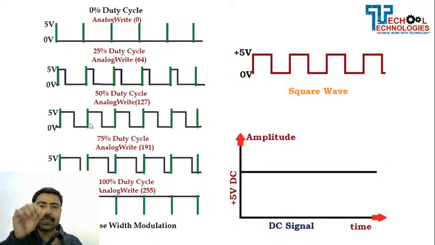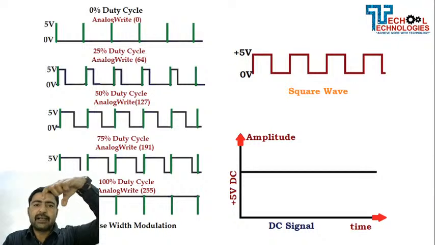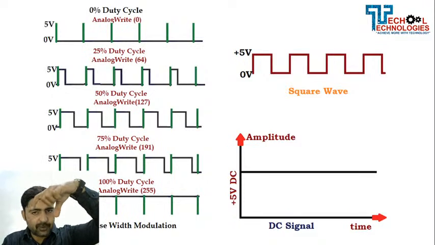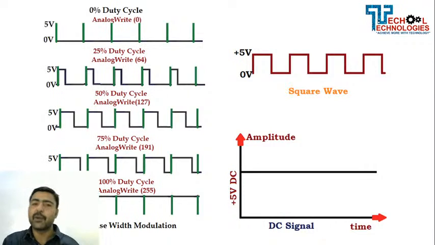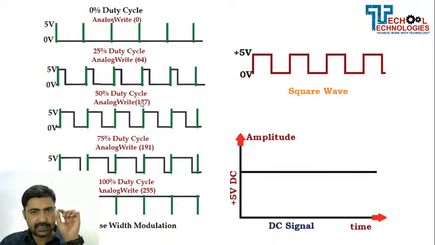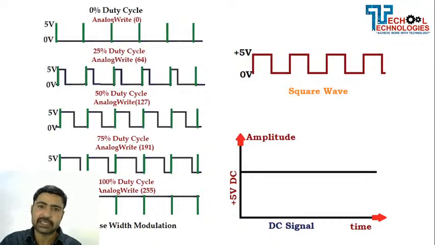We are changing the width of the high. We are keeping it high for 25%, 50%, 75%, or 100%. And by doing this, we are changing the voltage level. So this pulse width modulation technique is used by the controller to give analog output on all these pins.